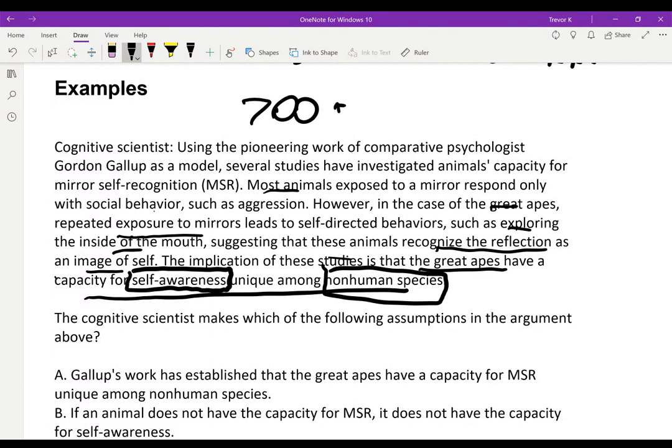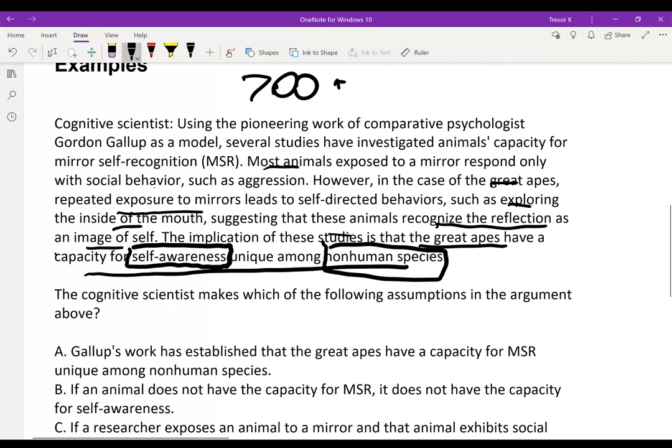I'd say, if they said rare among non-human species, that'd probably be more defendable than unique. Can we guarantee that there's no other animal who has this capacity for self-awareness? So those are our two big gaps here. We suddenly introduce self-awareness and we say they're unique among non-human species, but we really just say most other ones don't respond to a mirror this way.